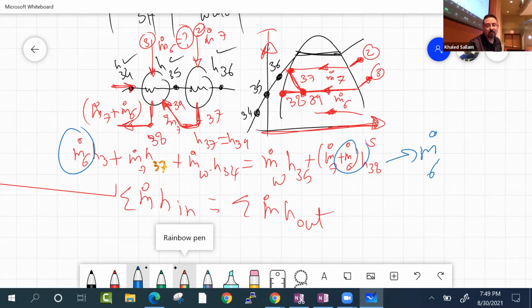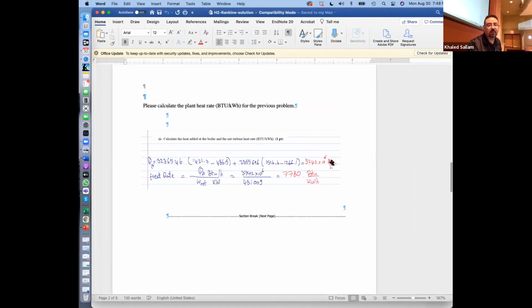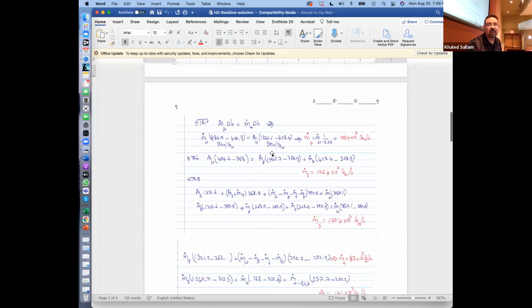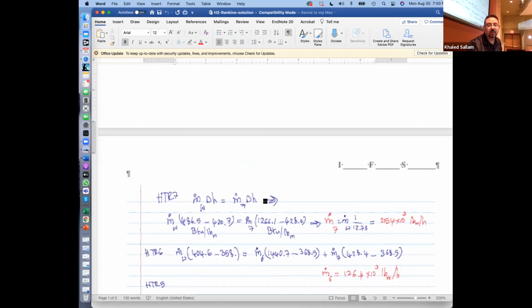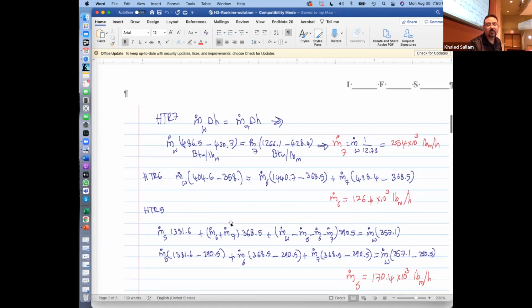And yes, it was not required from you, but in previous years I would ask them to calculate this. You can see here is the equation for the second feed water heater. It's not written in the way of sigma m dot h, but I can do this, but I don't want you to do this, because you can make a mistake.